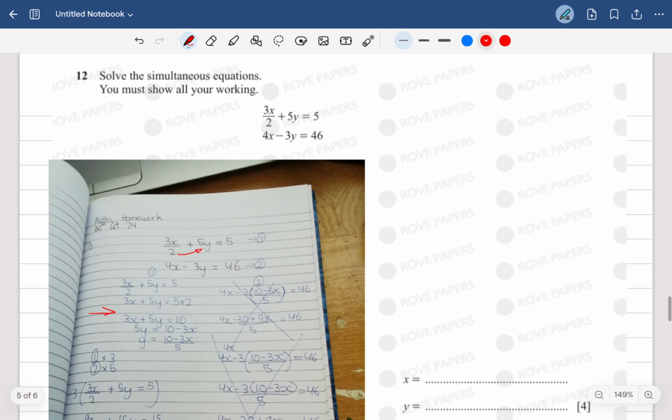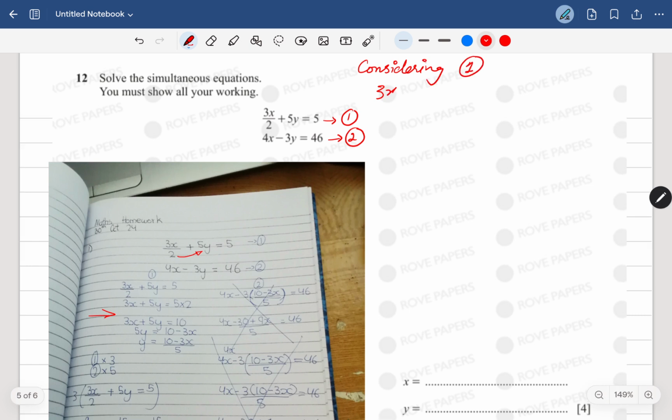You should have started your question in this manner: when you are considering this equation, and this is your second equation, and so when you are considering equation 1, it is written 3x divided by 2 plus 5y equals 5.